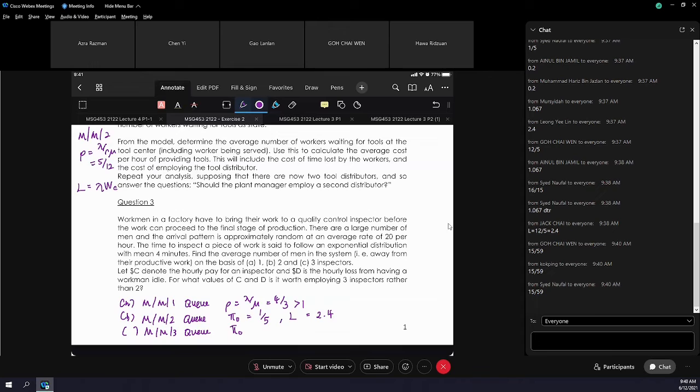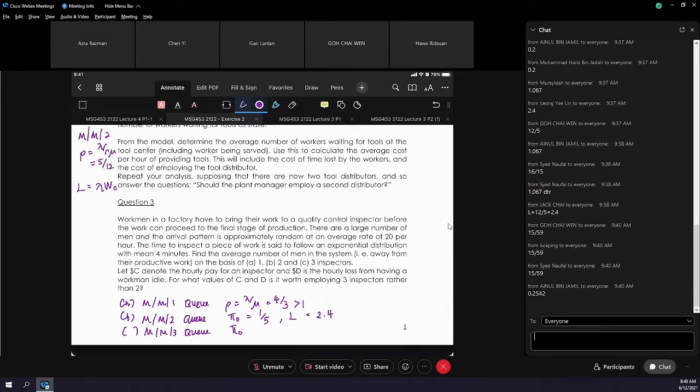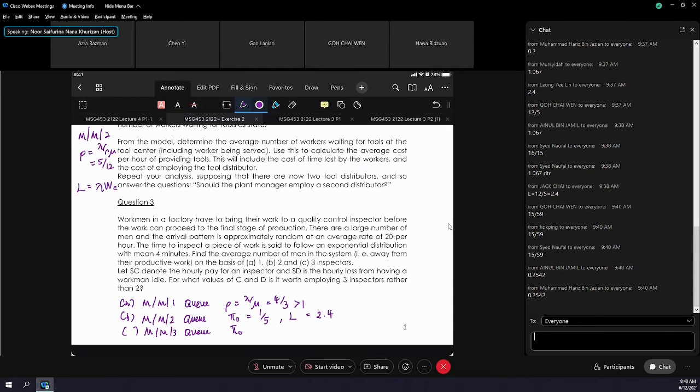Chai Wen, Kok Ping, everyone gave the same answer, which is 15/59. The decimal answer, 0.2542, was given by Ainul and Haris.